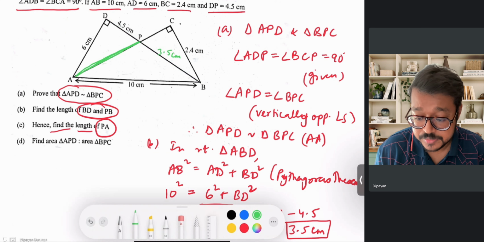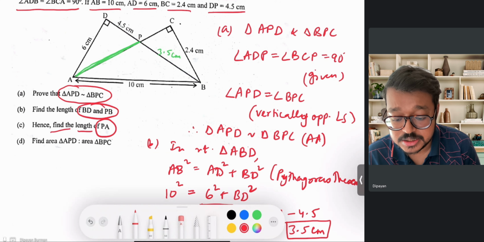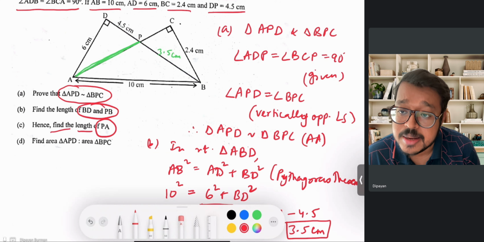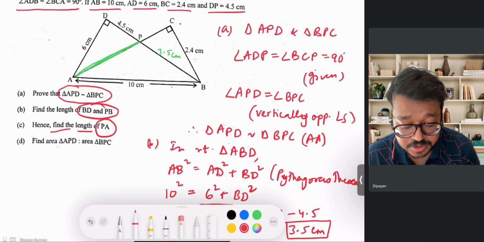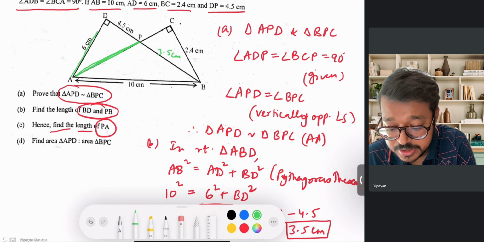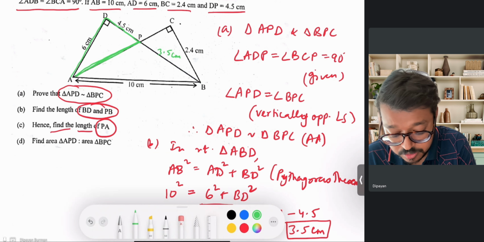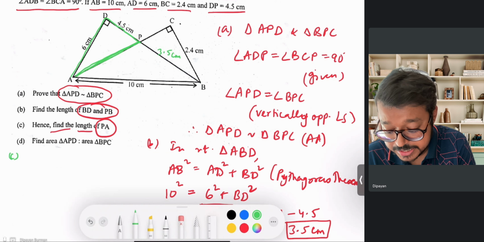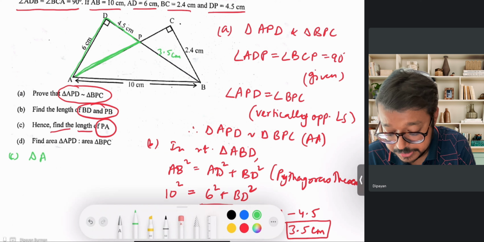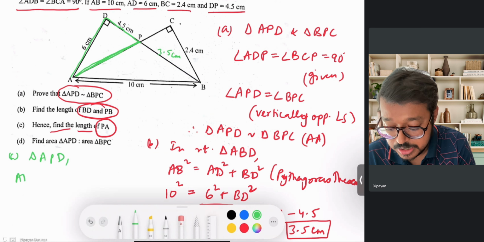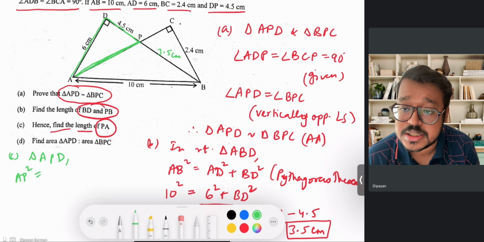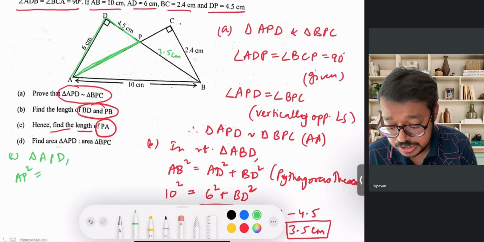find PA. Now one thing is that PA is the hypotenuse of the right angle triangle ADP. So if I look at my right angle triangle ADP, one possibility is that in triangle APD, AP square, the hypotenuse AP square will be AD square plus DP square.